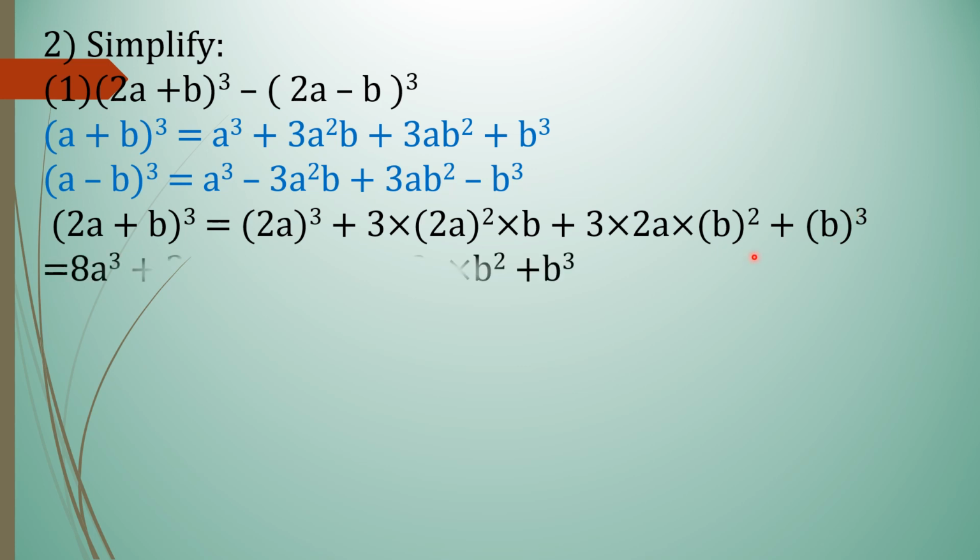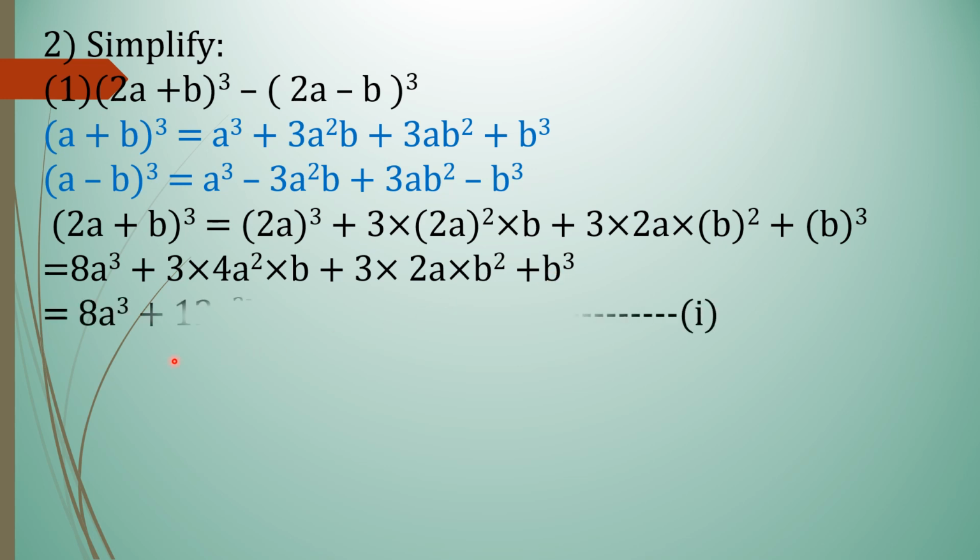So next step, 2a cube will become 8a cube plus 3 into 2a the whole square will become 4a square into b plus 3 into 2a into b the whole square, that is b square plus b cube.